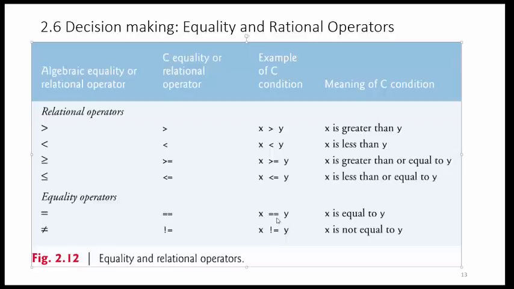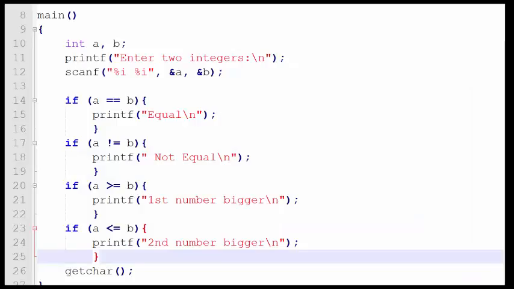But x equal equal y is a test. It's a test for equality. And then this is not equal. For not equal, you would have to put an exclamation point in front. So this is how you would express it in C. Here's an example in C, but I'll show you some better examples here.